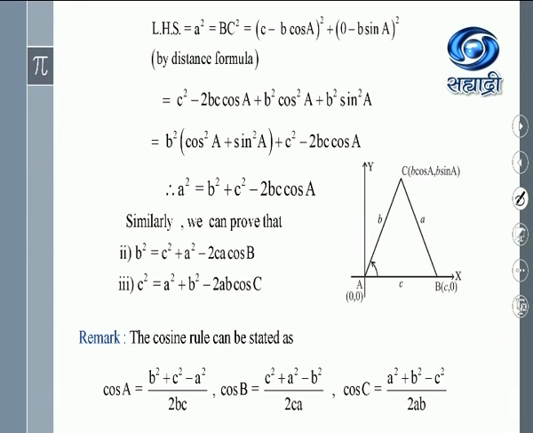That is the sine rule. With the different forms you will have to remember. Then for the cosine rule, 3 statements you will have to remember. Either a square is equal to, b square is equal to, c square is equal to, or you may recall cos A or cos B or cos C is equal to.